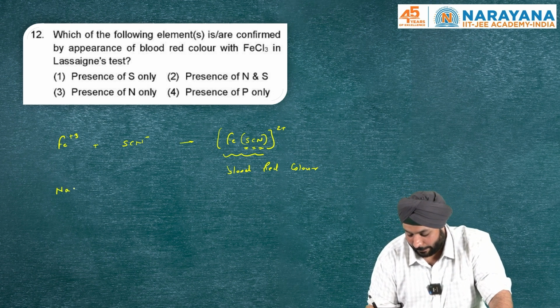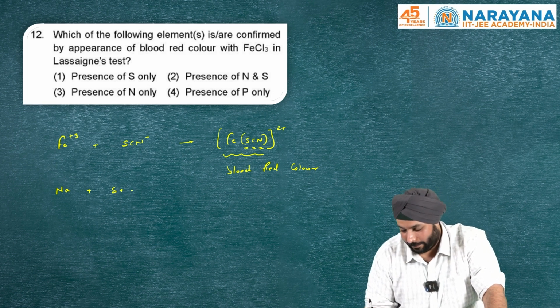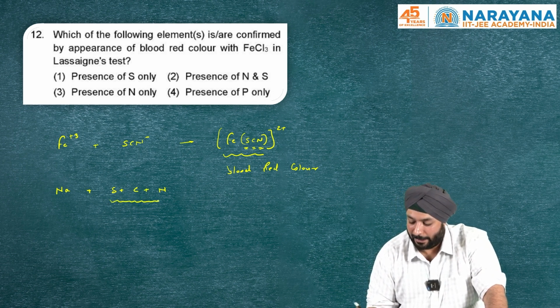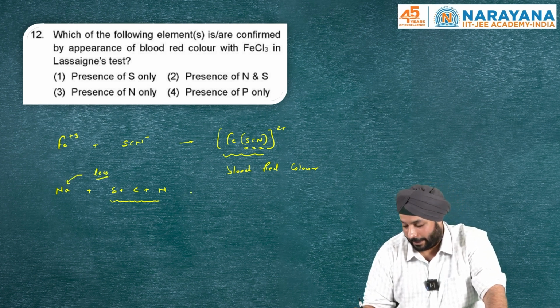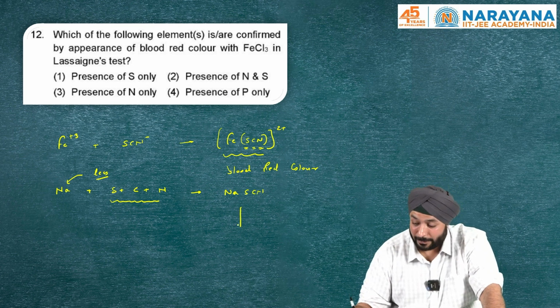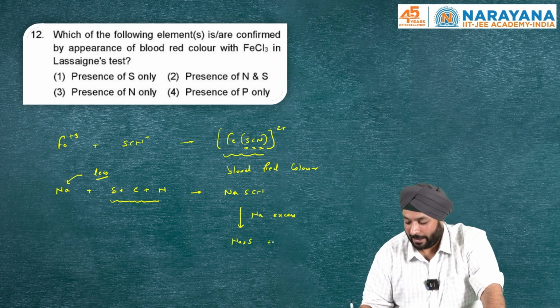Suppose an organic compound contains sulfur, carbon, and nitrogen. So sodium is fused with the organic compound, and that organic compound contains all these 3 elements, and I'm adding sodium in less amount, then it results in the formation of NaSCN, right? And if suppose you are using sodium in excess, then it results in the formation of Na2S and NaCN.